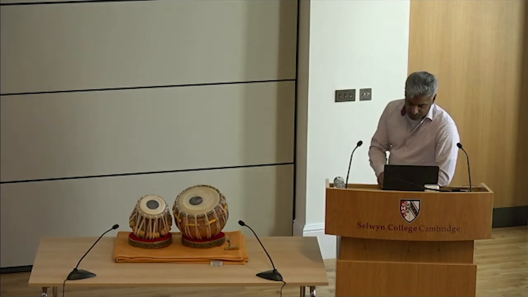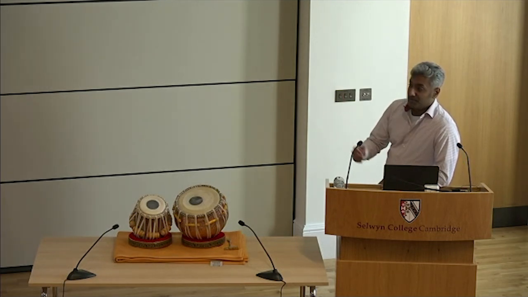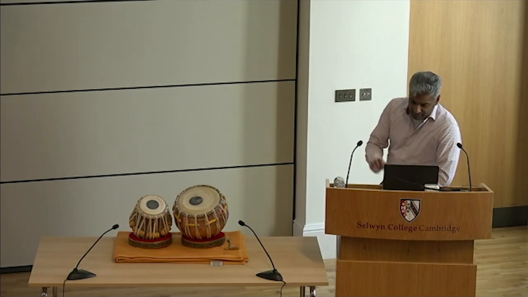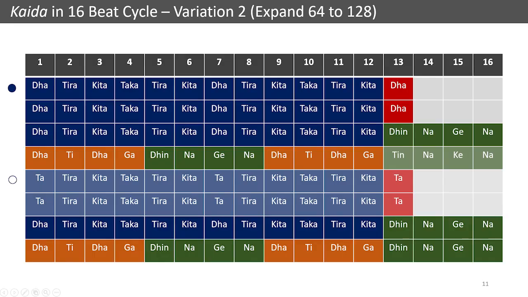You could move up to multiples of 64. A simple example of one more variation is I go to what was previously dhinna gena and I just have dha with some emptiness. The way this sounds is: dha tarikata takatarikata dha tarikata takatarikata dha.